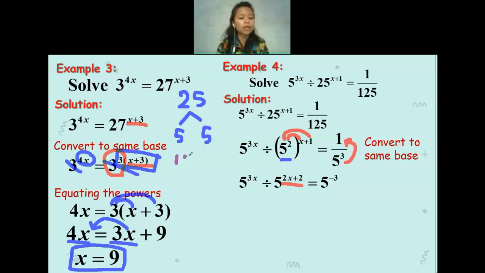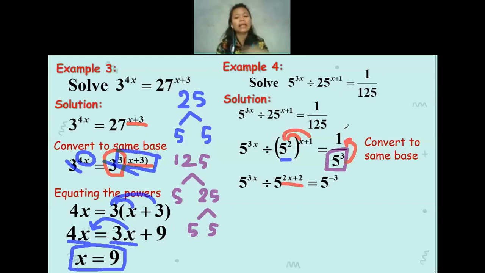For the 125, if you get confused, we break down the 125 into 5 times 25, and then the 25 we can break down again into 5 times 5. So in the end, we can see there are three 5s. That's why we have 5 to the power of 3.